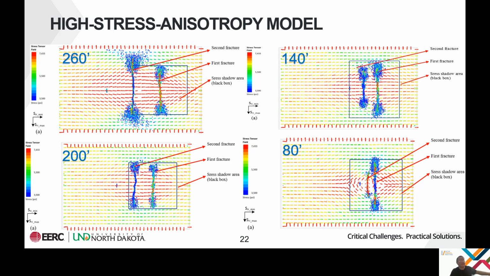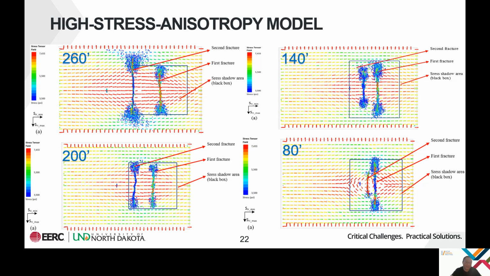We don't feel it. When we have 200 feet, it's getting closer to the fracture, it has more impact compared to 260, but not much, because as you can see, it can grow almost identical fractures with almost the same length. When we get to a smaller fracture spacing, 140, as we can see, the fracture gets impacted.